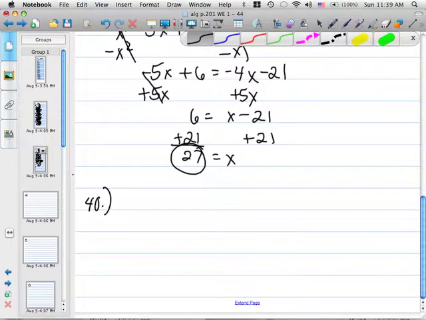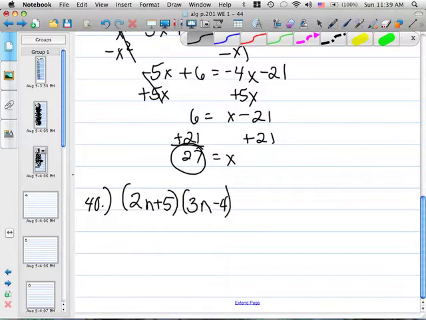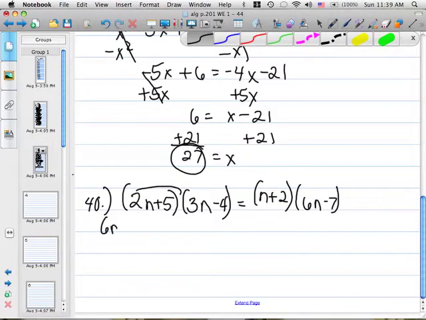Problem number 40. 2n plus 5 times 3n minus 4 equals the quantity n plus 2 times 6n minus 7. First terms, I get 6n squared, outer term negative 8n, inner term plus 15n, last minus 20. Do the same on the right side of the equal sign.